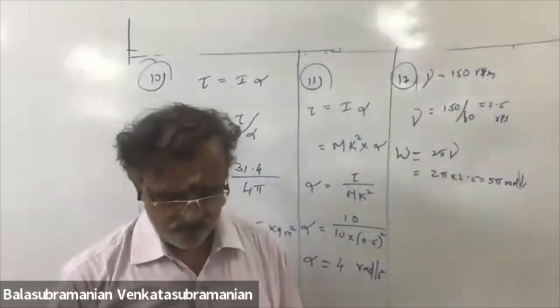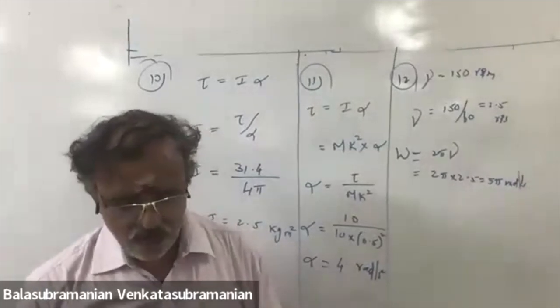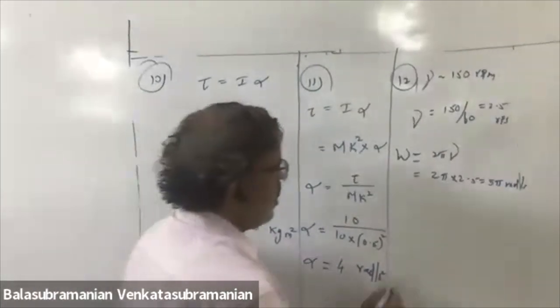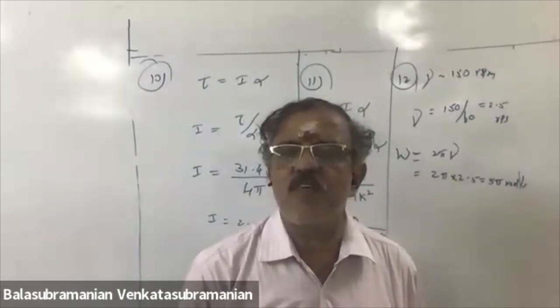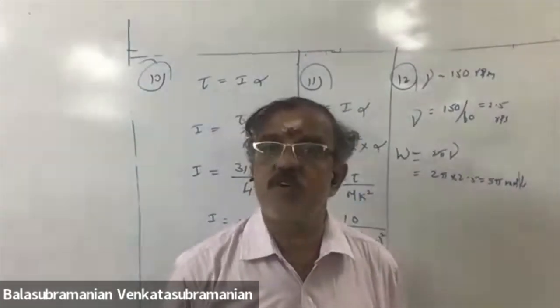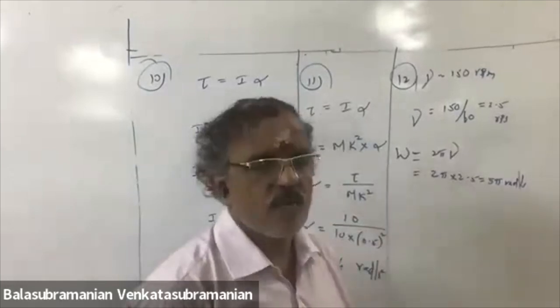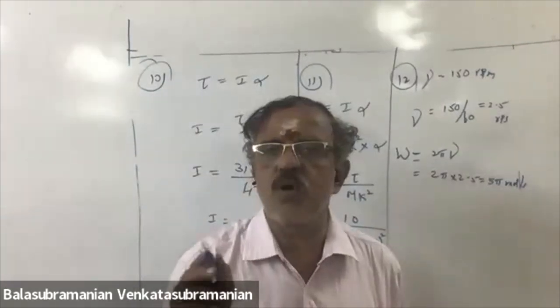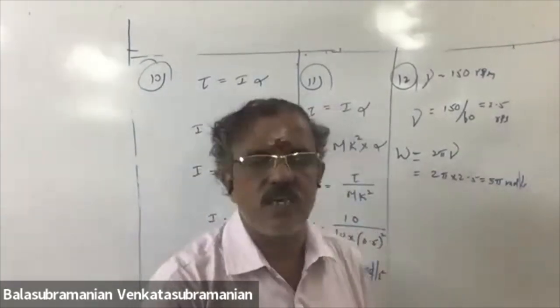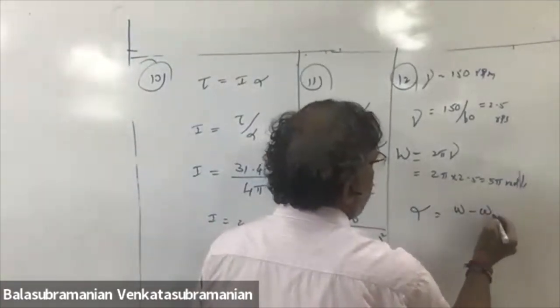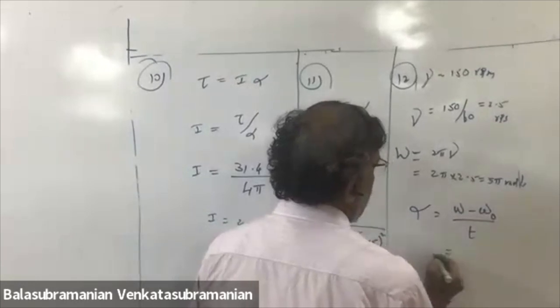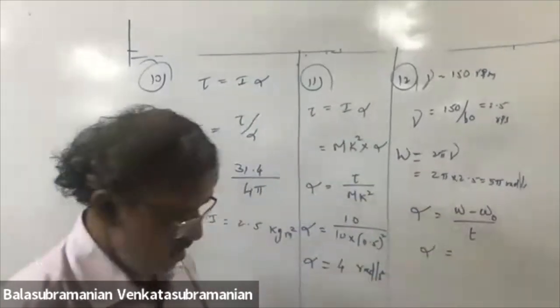Next, alpha we have to calculate. Omega is equal to omega naught plus alpha t. There are 3 equations of rotational motion. First equation: omega is equal to omega naught plus alpha t. So alpha is equal to omega minus omega naught by t.